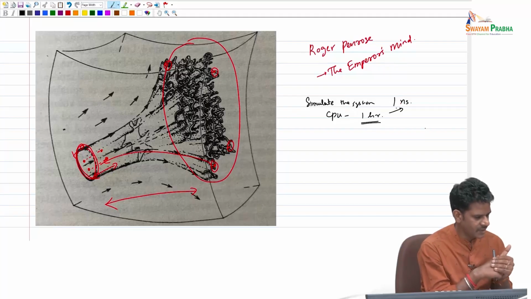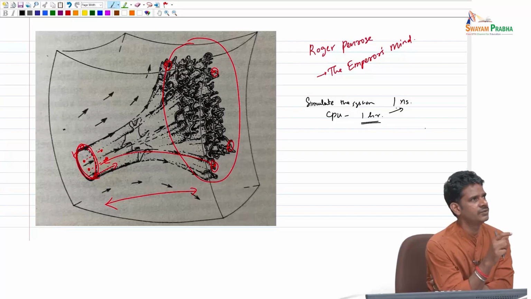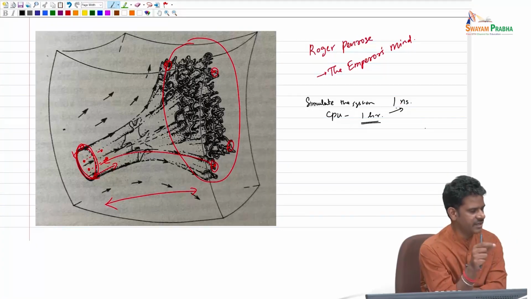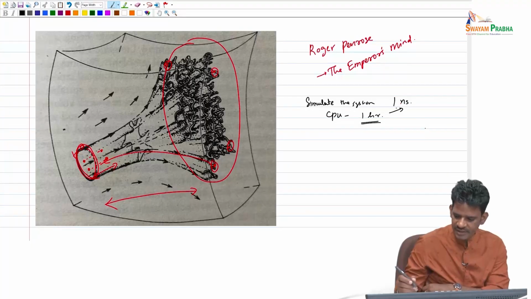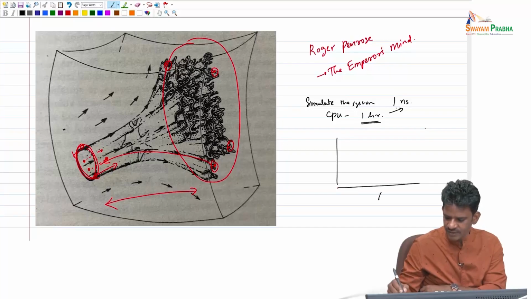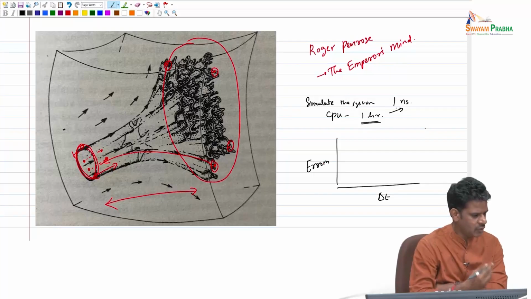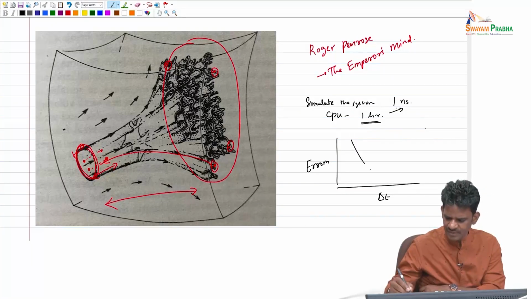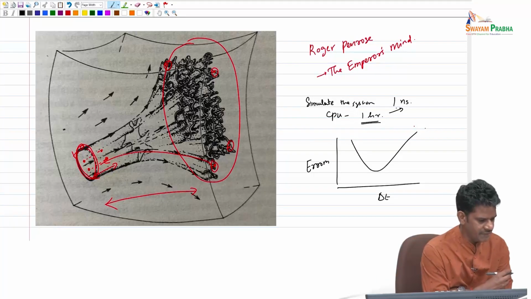In fact, what we generally do is we do simulations by changing the delta t. Typically, if you define some error function, which can be a global error or a local error, you will have some sort of behavior like this.